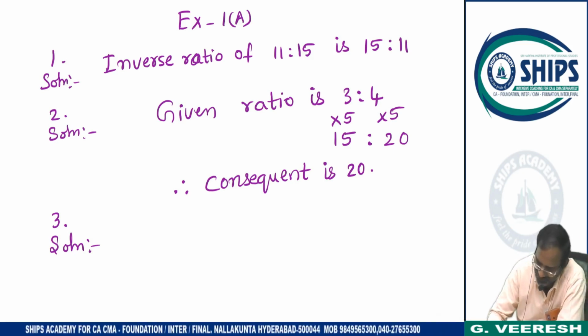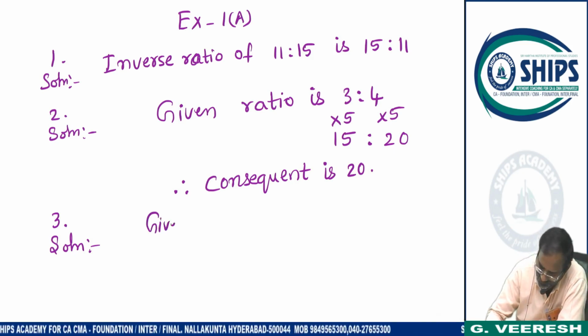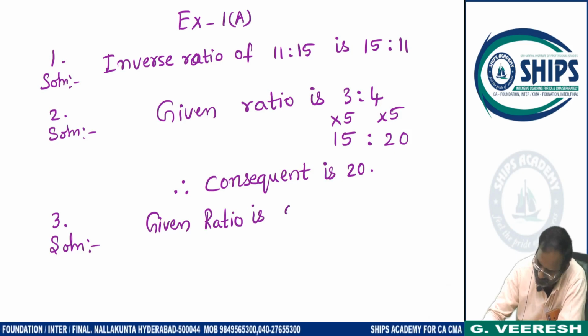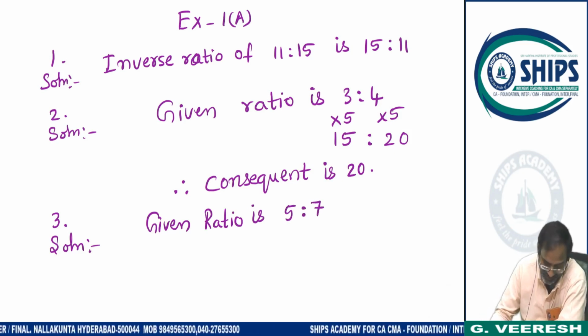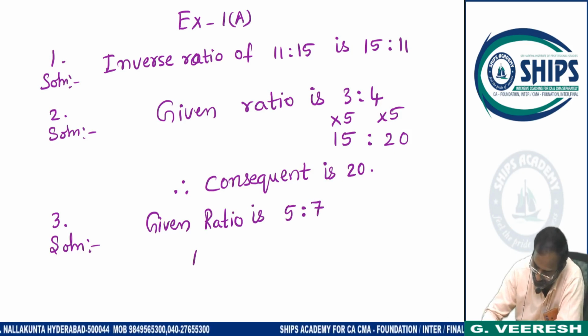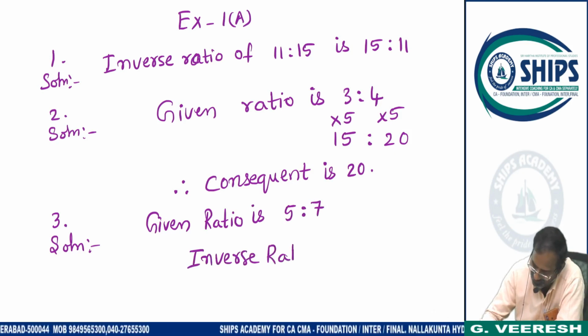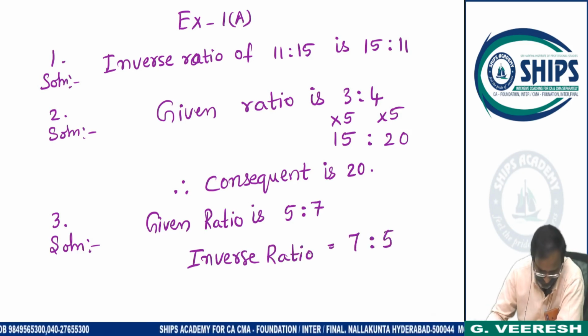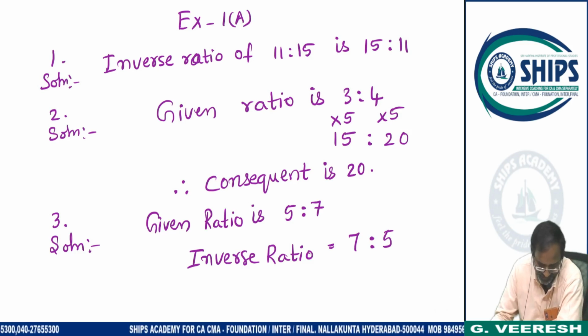Now the third one. Given ratio is 5:7, and it asks for the consequent of the inverse ratio. So the inverse ratio we have to write first. Inverse ratio is what? 7:5. And he has given the consequent of the inverse ratio.